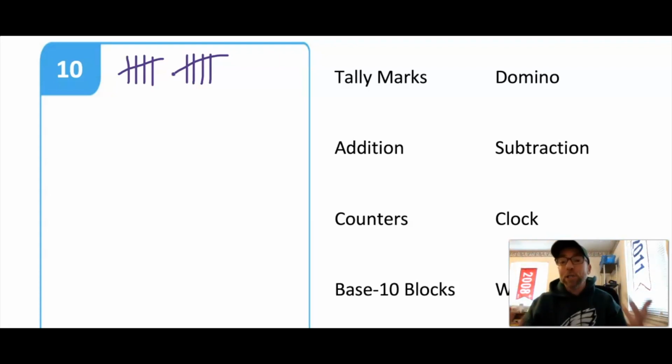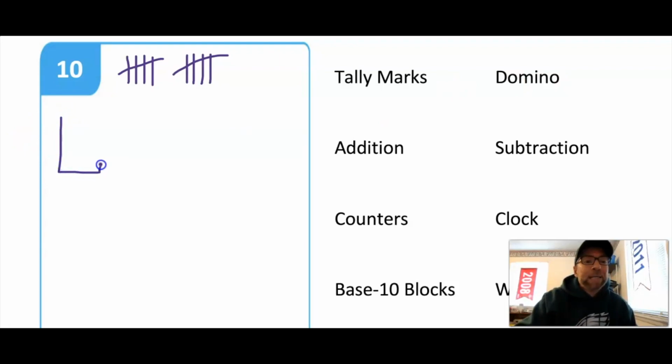We can also name the number 10 using a domino. Let's draw a little domino in our name collection box. My domino is a rectangle that has a line through the middle, and then there's some dots.